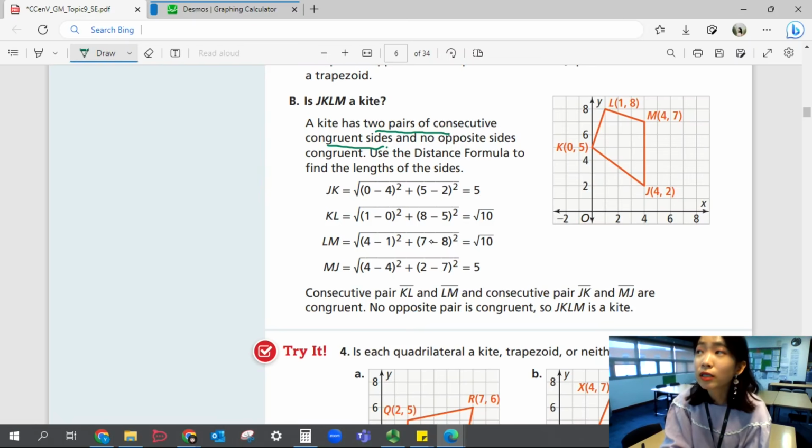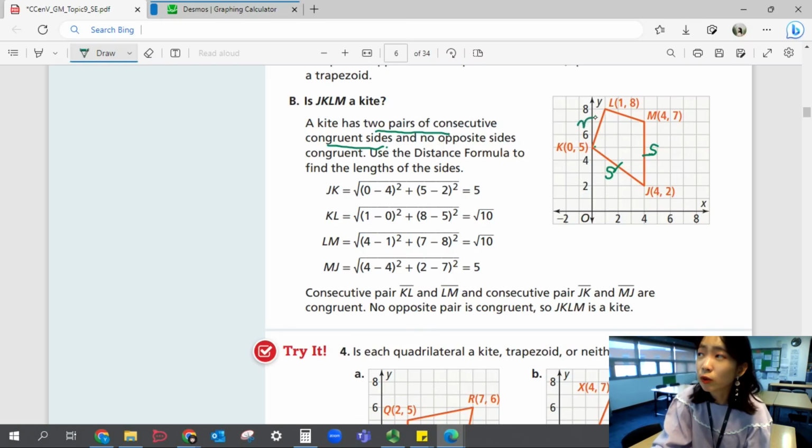So you're going to use the distance formula to find the lengths of the sides and figure out all the distances. Okay? And then if you see consecutive sides that are equal, so JK is 5, MJ is 5. That's 5, and MJ is here, that's 5. Those two are equal to each other and they're consecutive.